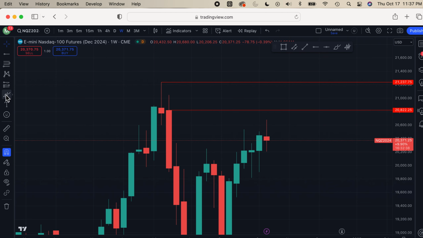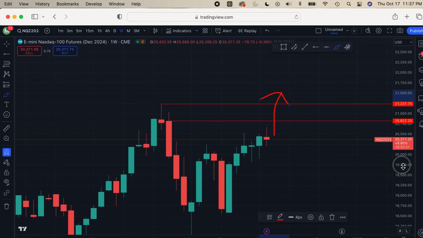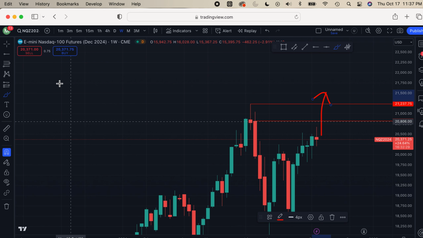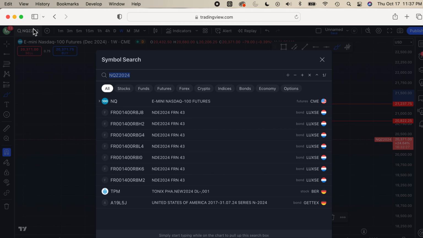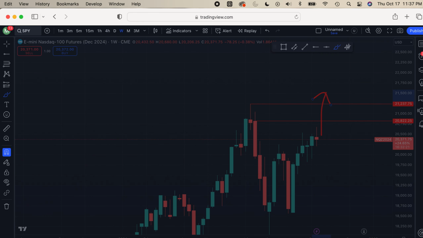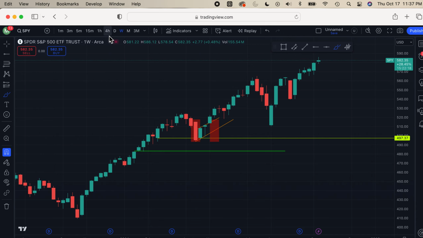It means they plan to break it, right? So before you get all bearish, remember what I said on Sunday. We'll get some pullbacks, but the market is bullish. The market is still bullish right now.